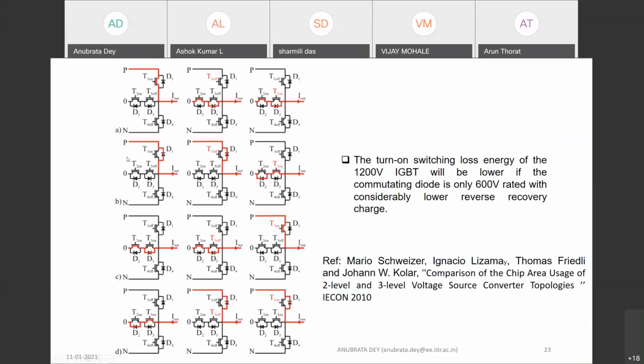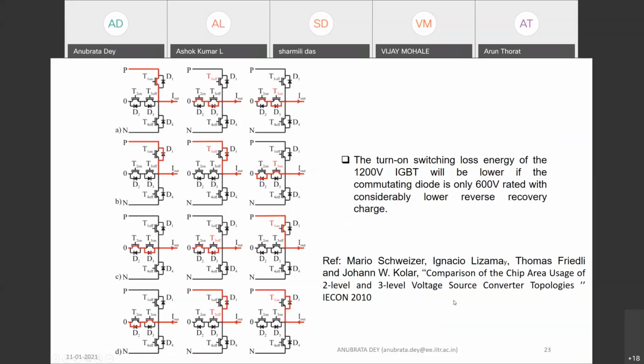That is the main reason the switching losses are lower compared to the earlier two versions of the 3-level inverter. All these features you'll get in this reference. Basically, this converter was proposed by Professor Kolar and his group in Switzerland, in a 2010 paper. You will get these references.